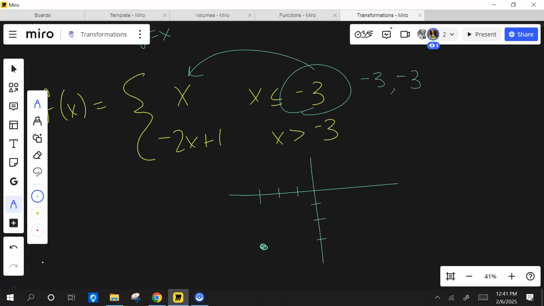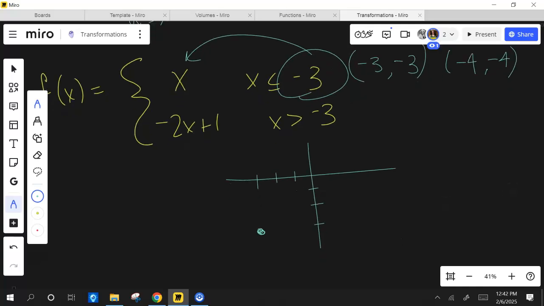Give me a number, any number, but preferably close to it, that is less than or equal to -3. -4. I heard -4. Agree wholeheartedly. That's the one I would choose. It needs to meet the requirements here, so it needs to be less than -3, right? So let's do -4. If I plug -4 into this equation, what do I get out?